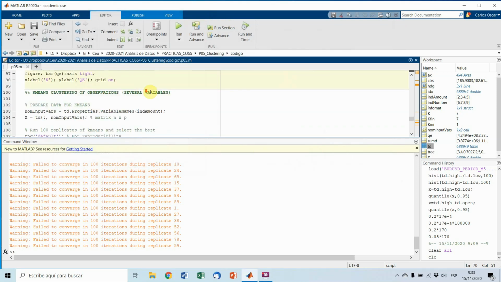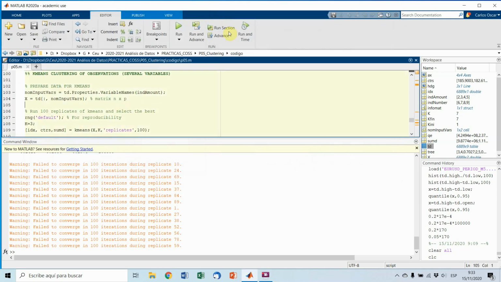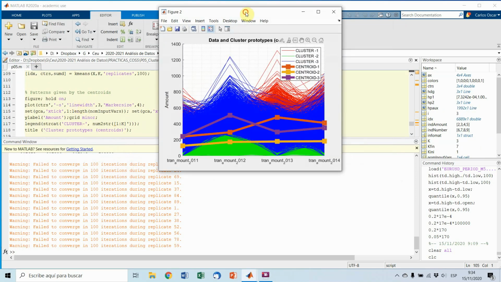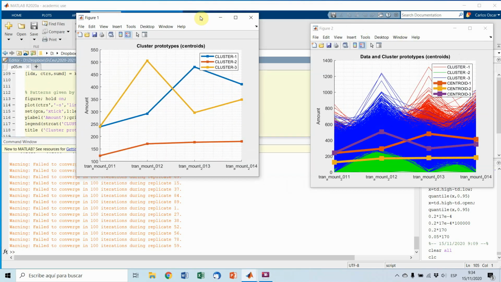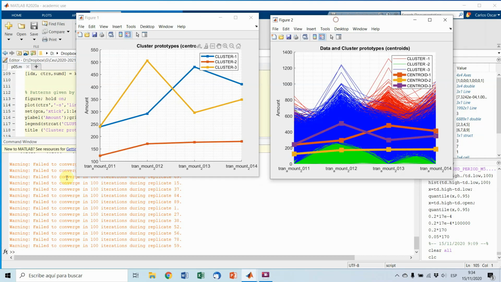And then we can also make plots of the assignment of a particular individual to each one of the clusters. So we have here the prototype of each one of the clusters.